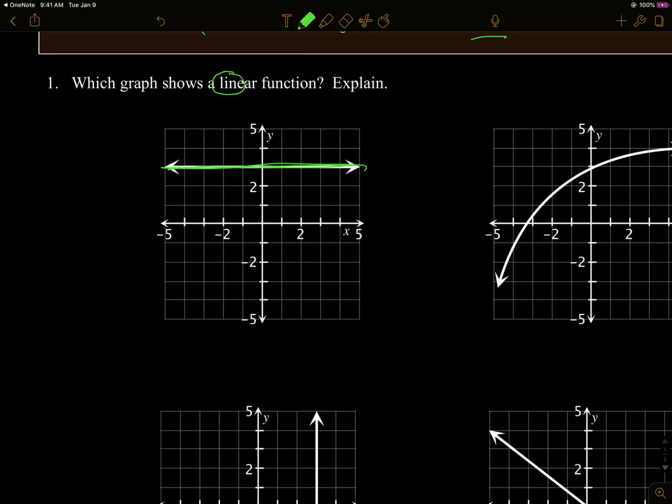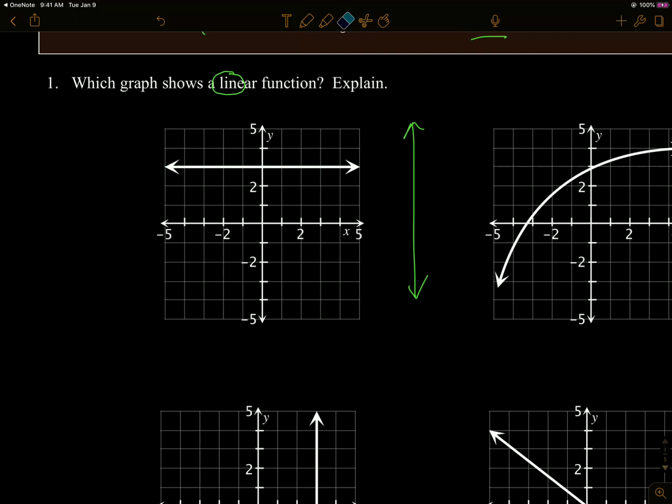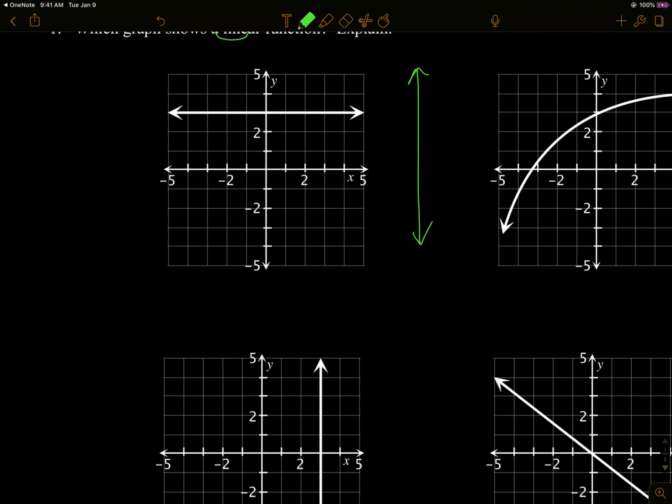Okay? And then how do we tell if it's a function? Because it might not always be a function. We can do the vertical line test. Pass it over and see if it ever hits more than once. It only hits once here, so it is a function. So this one is, yes, it's a linear function.